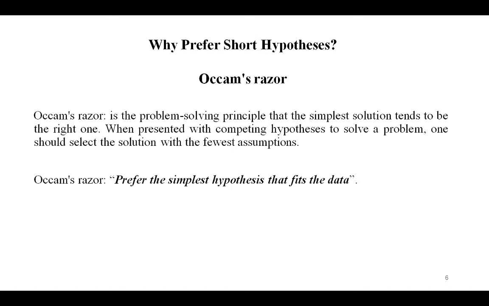This is one statement of justification given by Occam. Because of his discussion, this came to be known as Occam's razor, one of the justification statements for why to prefer the shorter hypothesis.